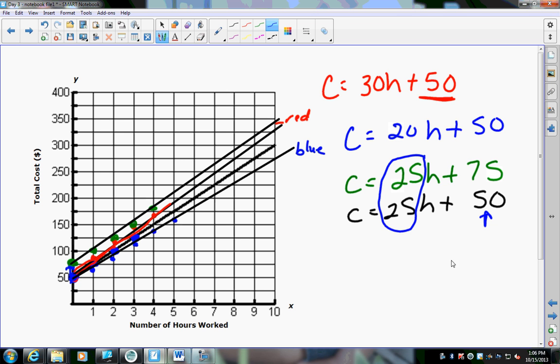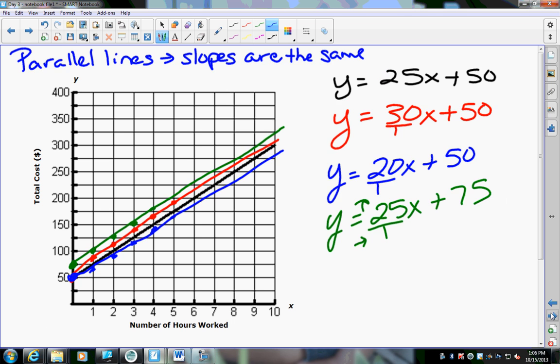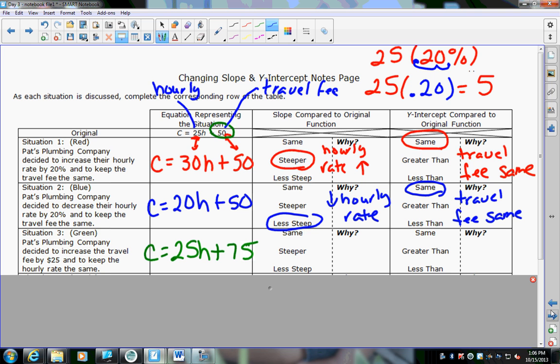The steepness never changed. All right, so right here, the steepness stayed the same because the hourly rate stayed the same. The y-intercept is greater because they increased the travel fee.